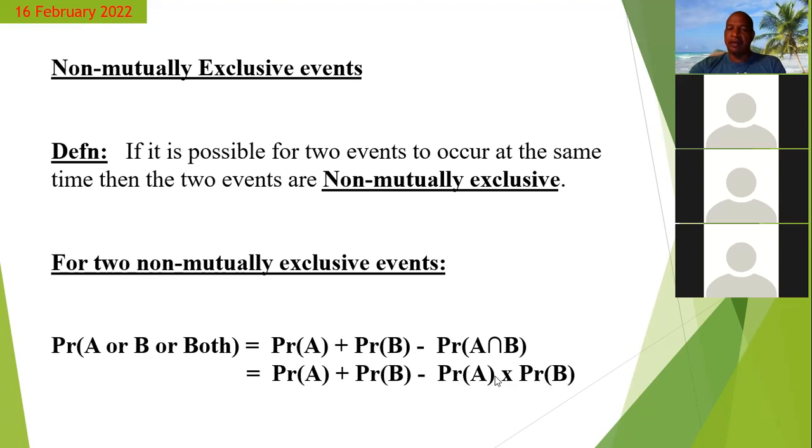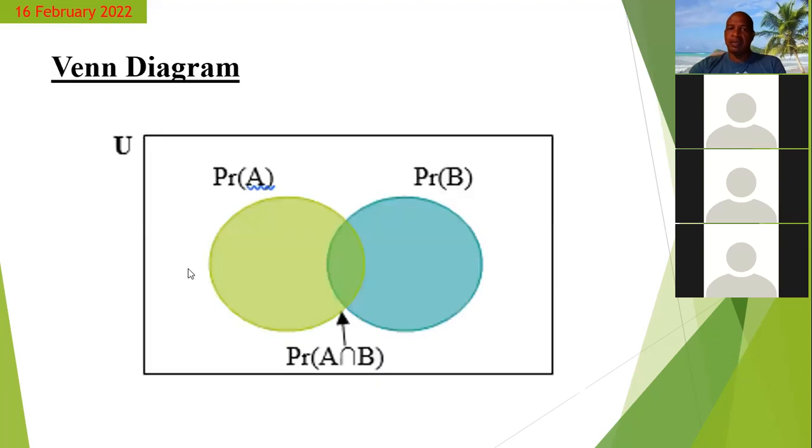Then you take away the product from what you add. And that's how we calculate non-mutually exclusive events, right? So for non-mutually exclusive events, you have an overlap in the diagram because you have a part where both can happen at the same time, which is the intersection in the Venn diagram.